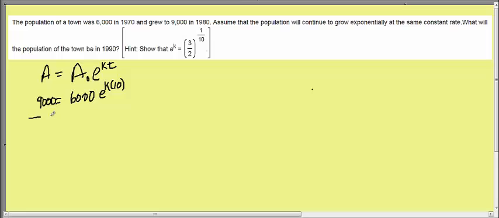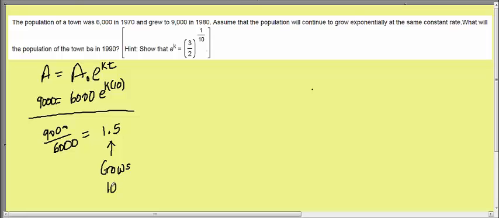But I think it's a lot easier, a better way, to just do 9,000 divided by 6,000. What you find is that this is 1.5. This is how it's growing. So it grows every 10 years by this rate. And with exponentials, we actually multiply this.